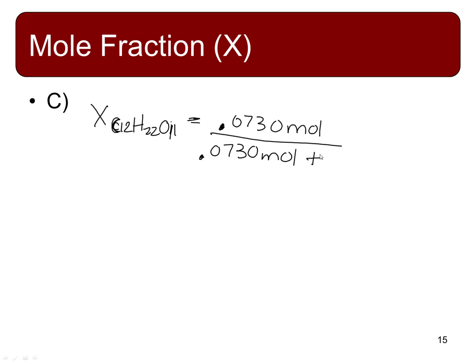So we've got moles of sucrose. We need moles of ethanol, abbreviated EtOH. All right, so where can we go? What can we use from our previous calculations to help us here to find moles?